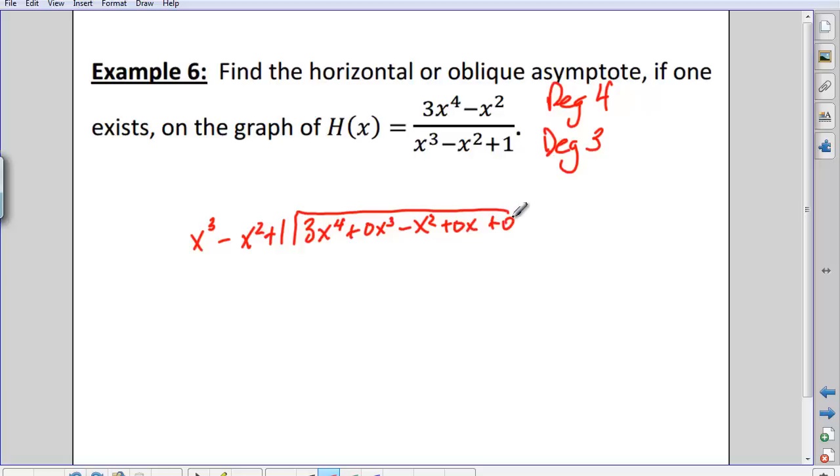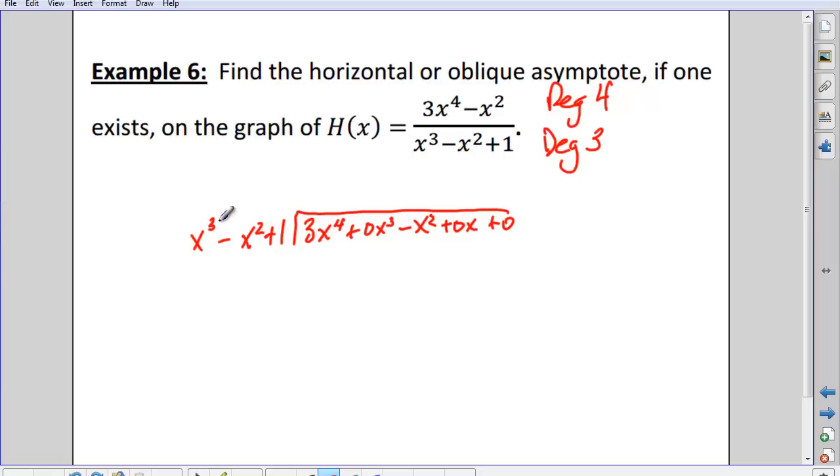Placeholders for all the missing powers of x. If you start out with a 3x to the 4th, you need to have an x cubed, an x squared, an x, and a constant term. That's the setup. If you leave out one of these placeholder terms, it's going to mess you up, so make sure you get that set up properly to begin with.